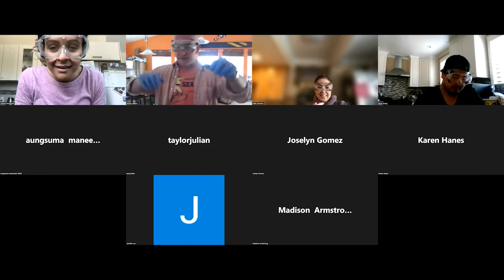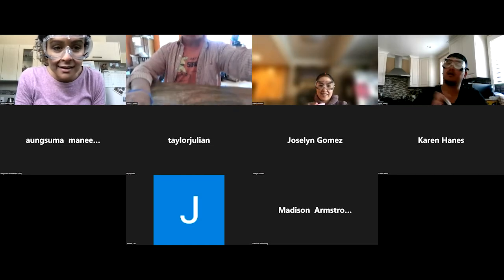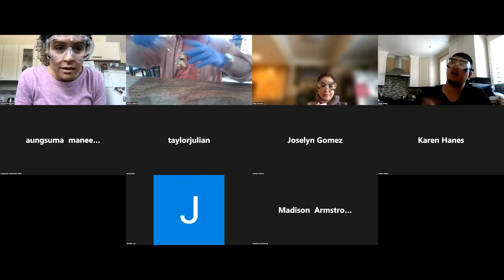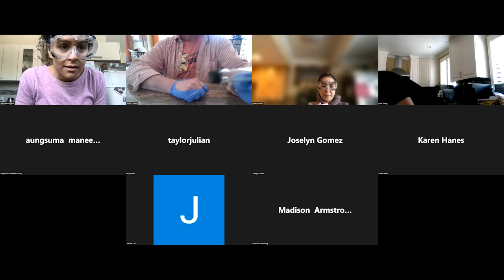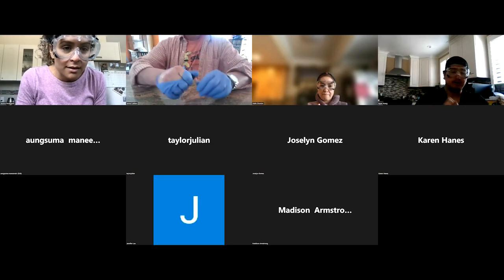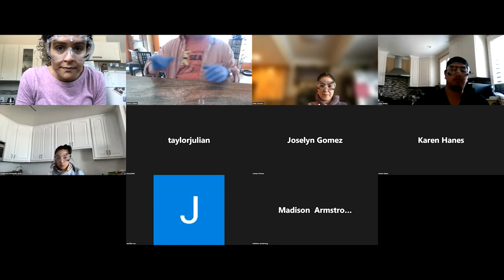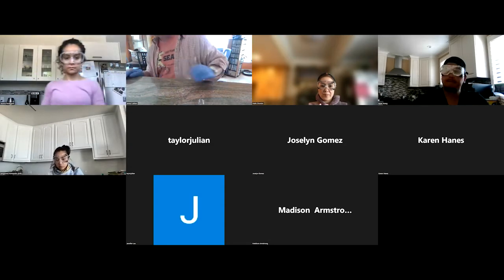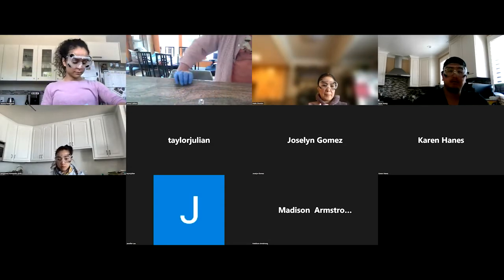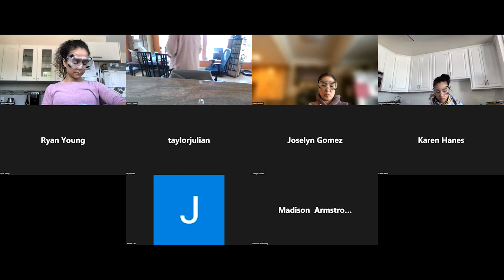So first, we're going to start making our soap. Here's the vial with the screw cap on it. I put my balance over here.